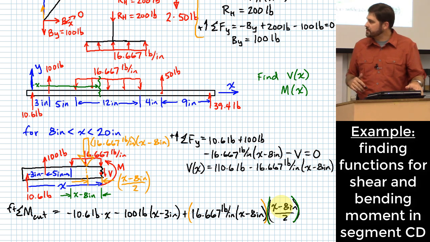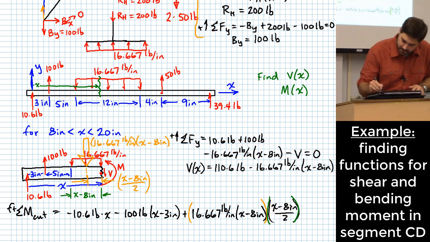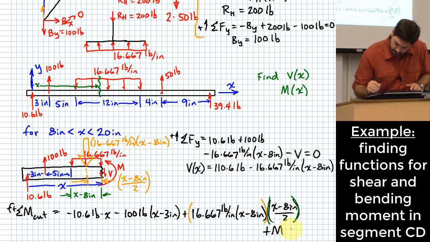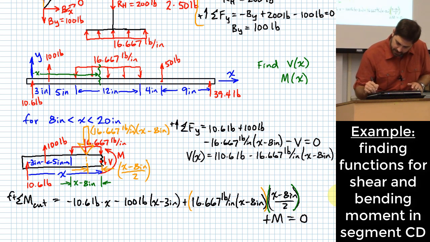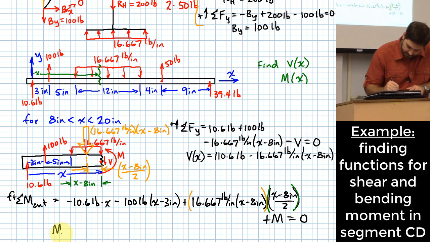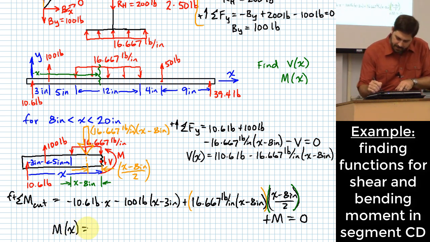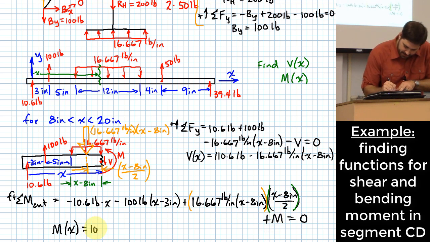What else do I need in my sum? Plus M is equal to 0, and what that tells me here is that M of x just ends up being 10.6 pounds times x plus 100 pounds times x minus 3 inches.